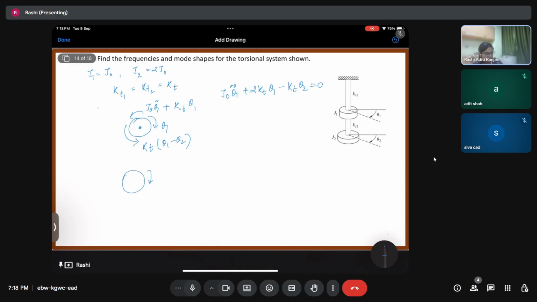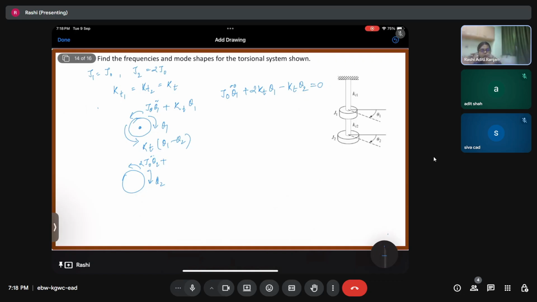It is again going in the clockwise direction by theta 2. So inertia force will act as 2J naught theta 2 double dot plus, this time there is no torsional spring below J2.